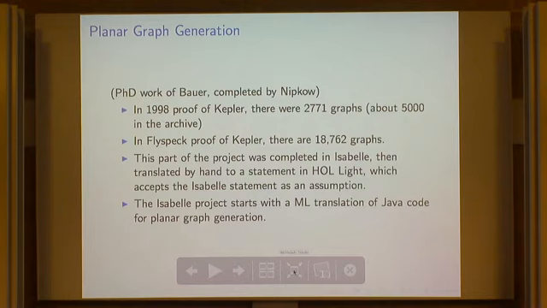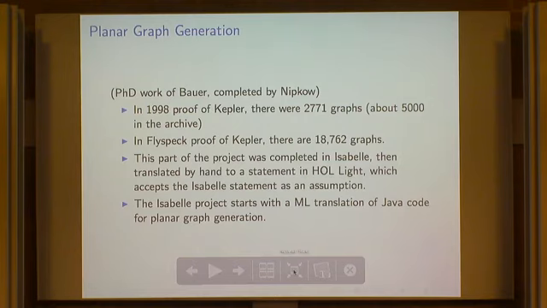In the original 1998 proof, there were 2,771 graphs. We had a collection of about 5,000 graphs, because as we were developing the proof, any graph that was ever found in any version of the software was just left in for testing, and then when Nipkow and Bauer did the verification, they found out that only 2,771 were actually necessary for the proof.